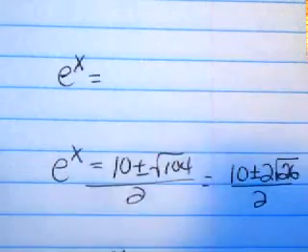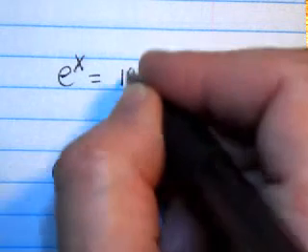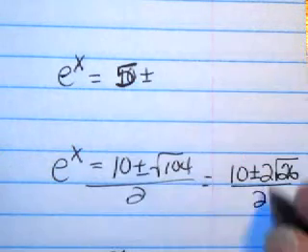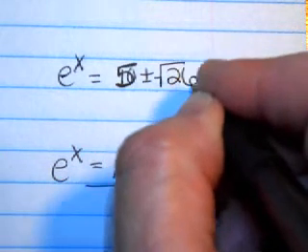So e to the x is equal to 10, 2 will go into 10 5 times, so that's going to become 5. Plus or minus 2 over 2 is 1, so the square root of 26.